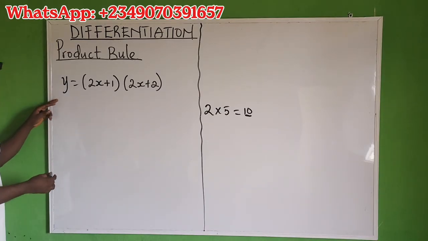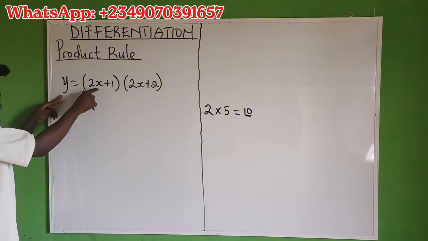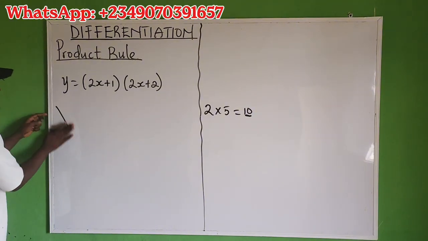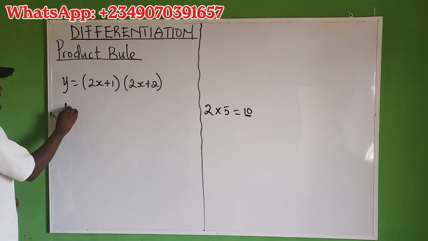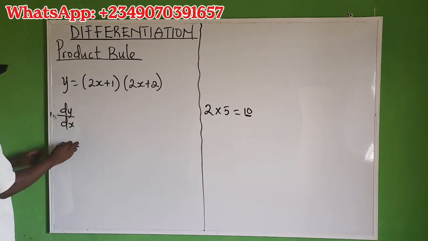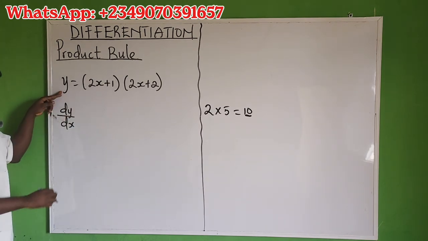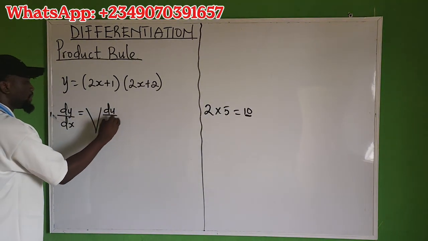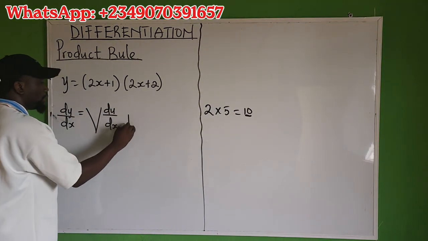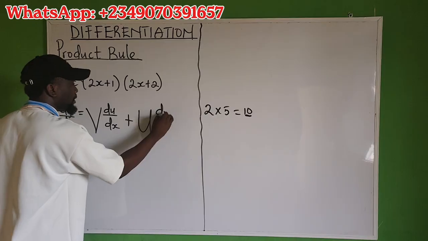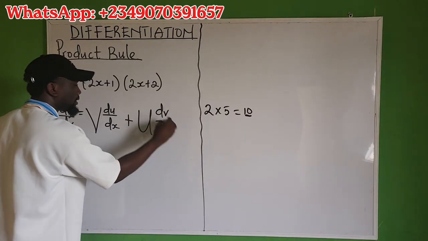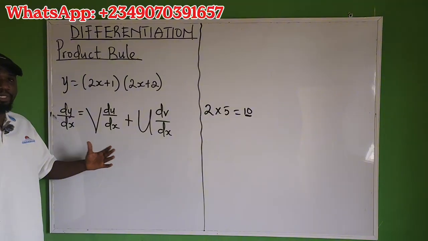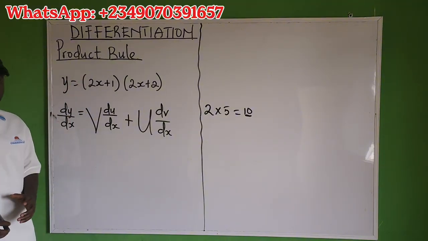If I want to differentiate y with respect to x, I'm going to have dy over dx is equal to v du over dx plus u dv over dx. This is the formula you are going to use whenever you want to use the product rule method.